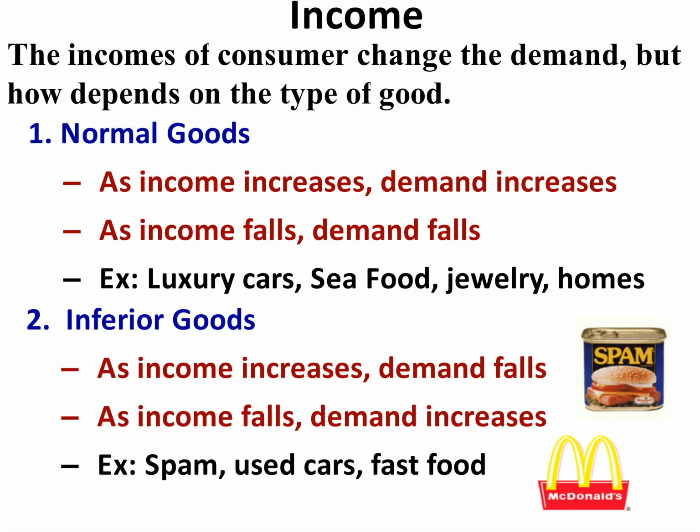If I'm making more money, I don't need the inferior good, the Spam, for example, or buying lunch at McDonald's. But if my income increases, I may go to Ruth's Chris Steakhouse, or I may go somewhere along those lines. So inferior goods, not as important when income increases. It's when income falls that the demand for those goods would change.